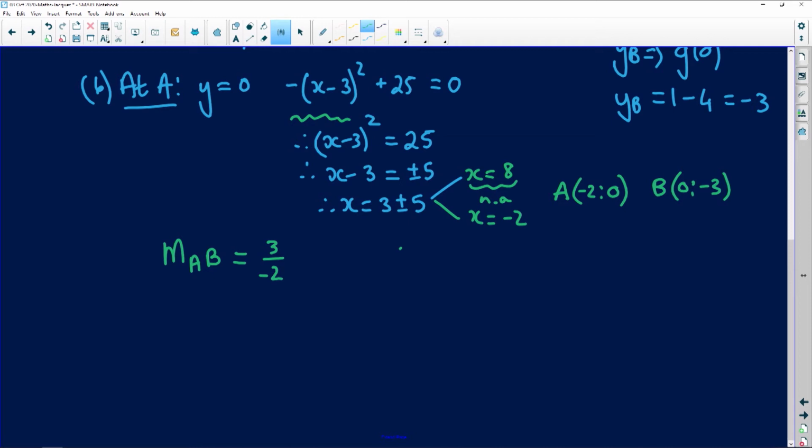So the gradient between the points A and B is minus 3 over 2. Okay, 6.7, the 7th question over here, and then we're back at 2 marks.